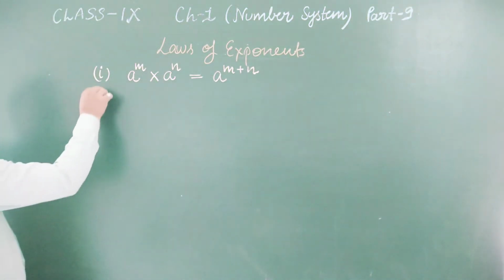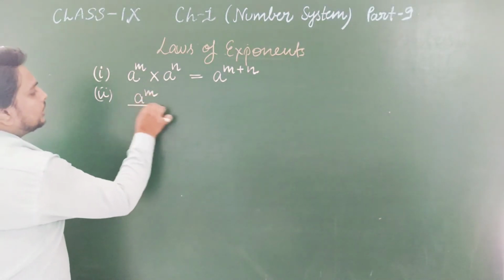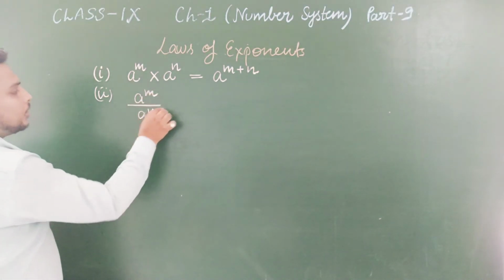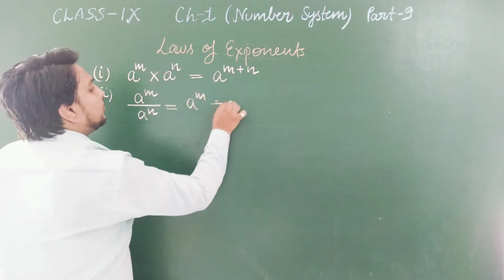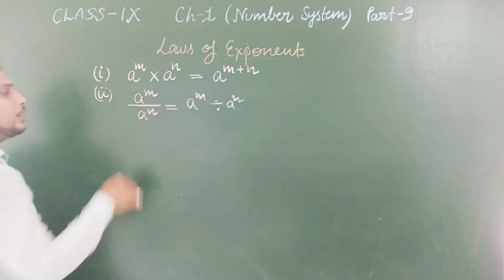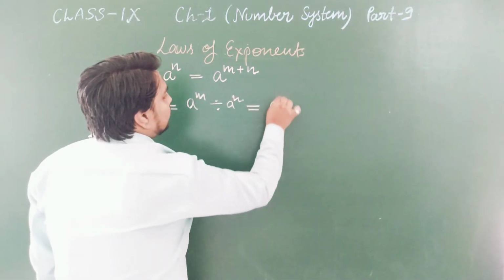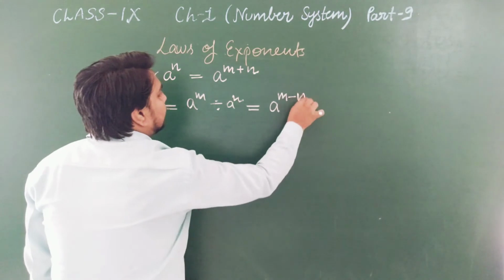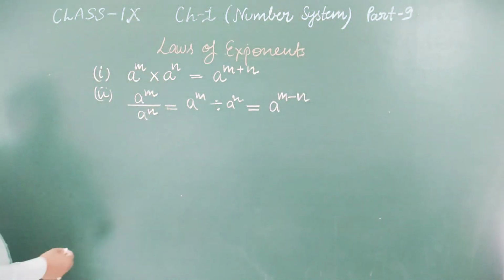In the same manner, if the bases are the same but there is division, you can write a to the power m divided by a to the power n, or a to the power m upon a to the power n, and it will be equal to a to the power m minus n. So this is also allowed.